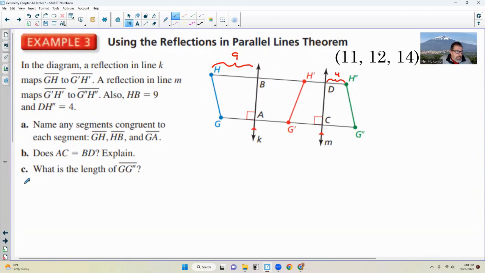It says A, name any segments congruent to each segment. So let me say GH. Segment GH is congruent to... when you reflect across line K, a reflection is a rigid motion, so G prime H prime is congruent.